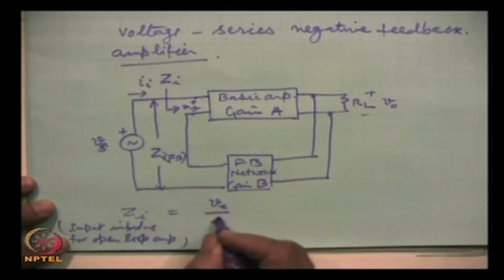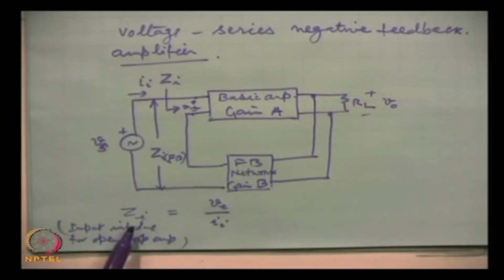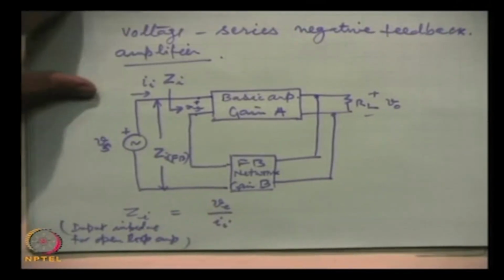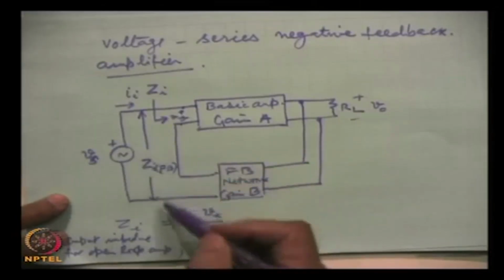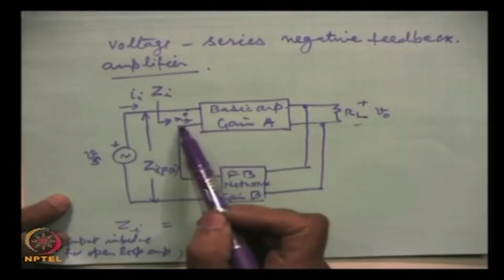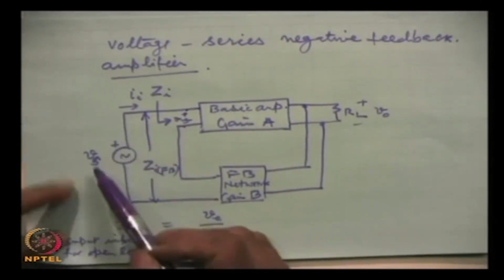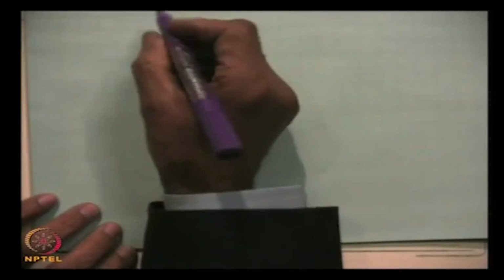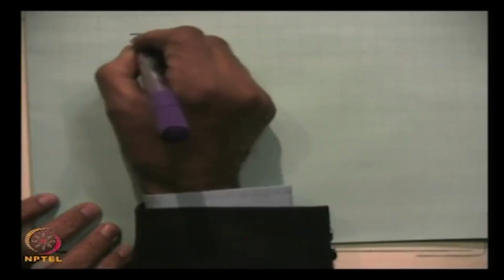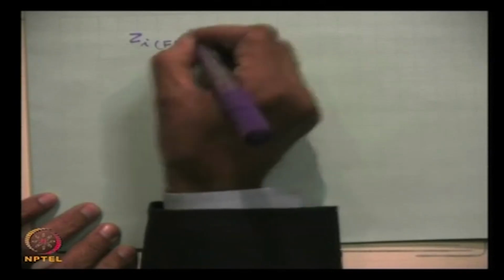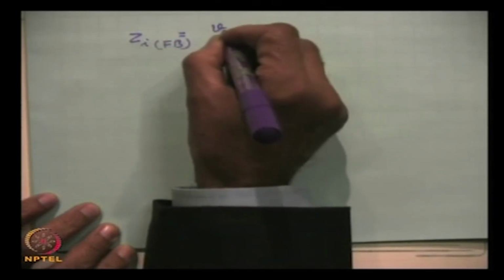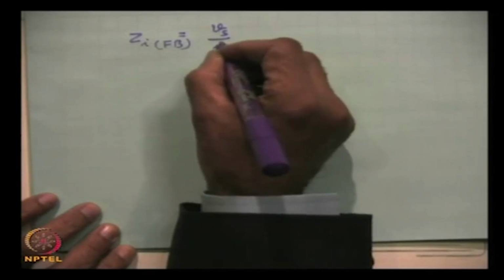This Z I is the impedance without feedback, the open loop impedance. So remember this definition, and then in the same way look at this circuit. Here the input was V e, here the input is V s. So for the feedback circuit, Z I F B is equal to V s by I.